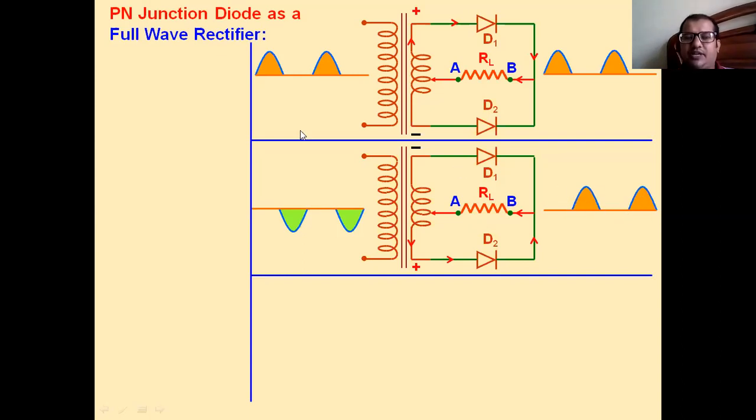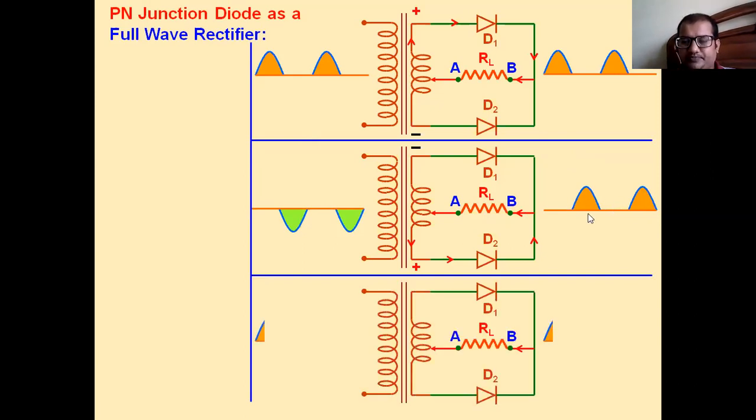So both half cycles of AC input are converted to output. So it acts as a full wave rectifier. And since both half cycles appear in the same direction, it is DC.